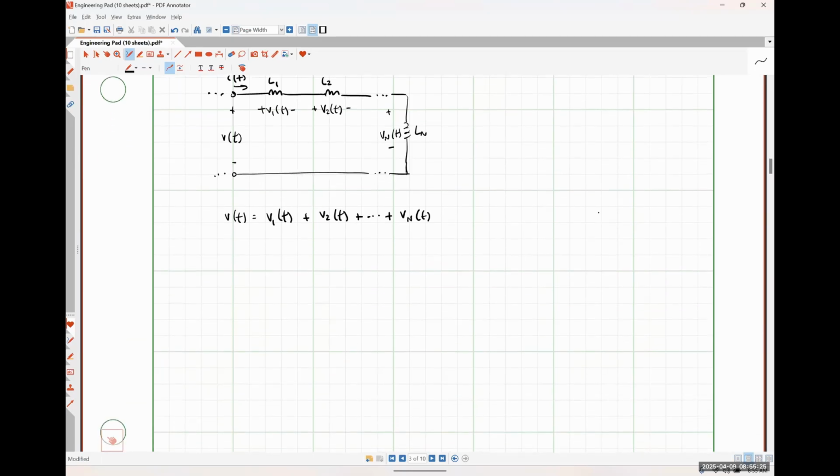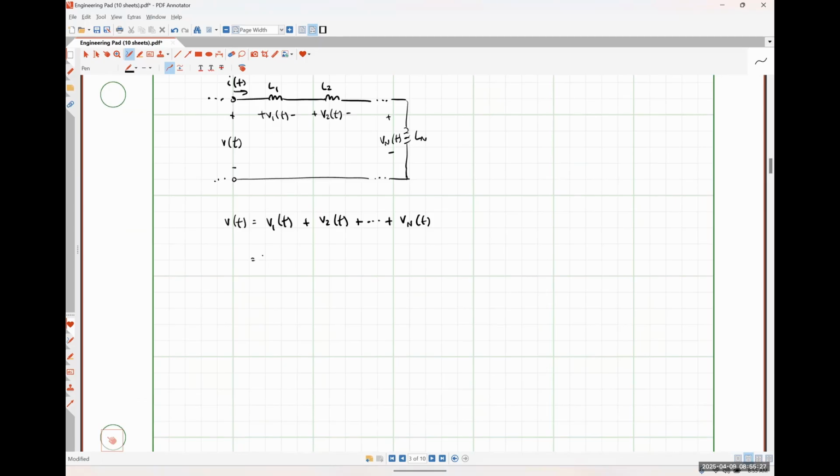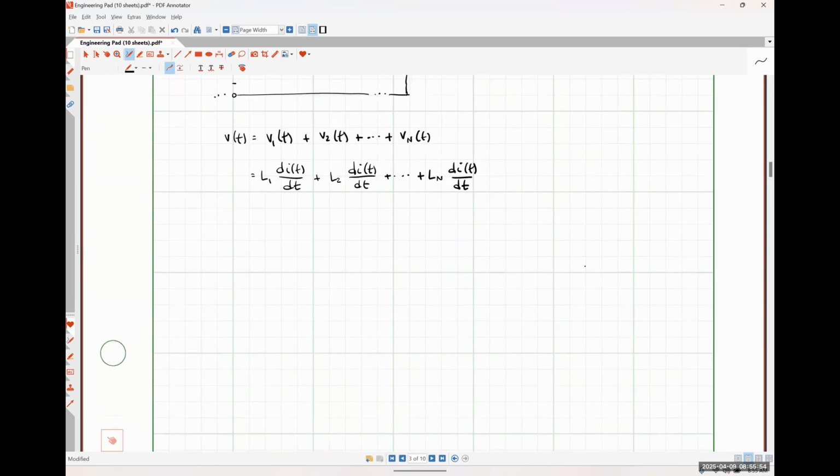So this is going to look like L1 times the derivative of I with respect to time plus L2 times the derivative of that same current I with respect to time, because all of these are connected in series, all the way out to Ln times the derivative of I with respect to time.